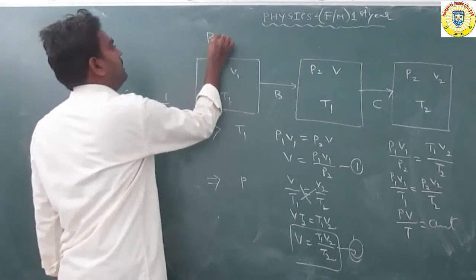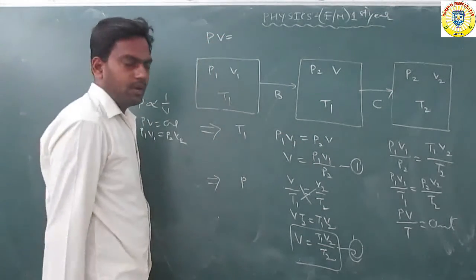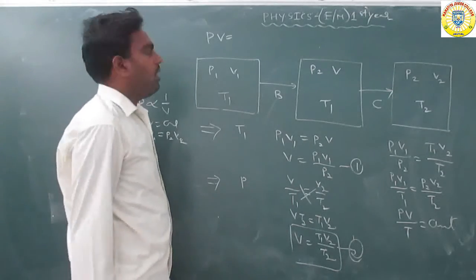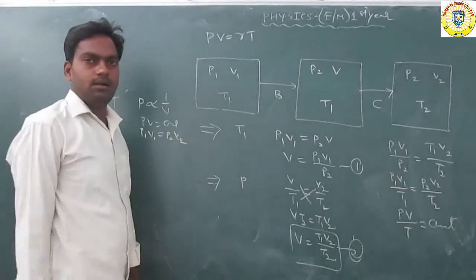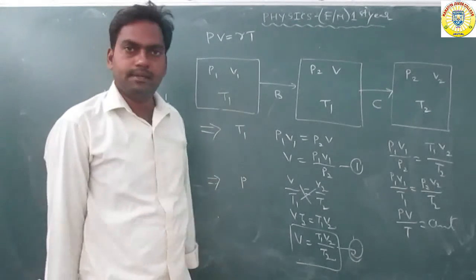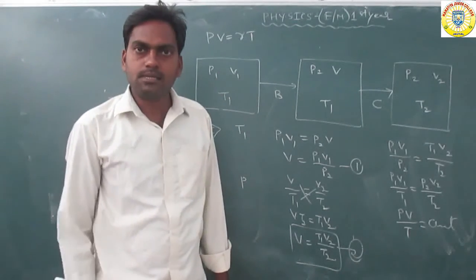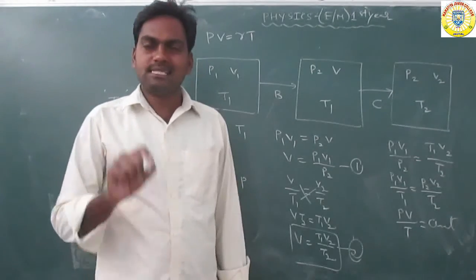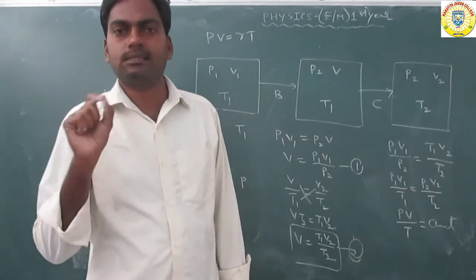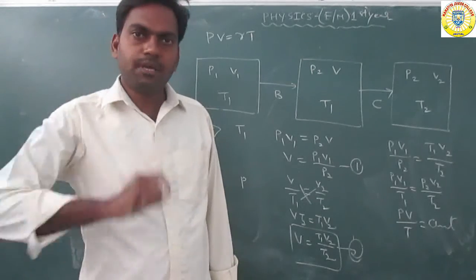So PV is equal to RT, where R is called the specific gas constant. It changes from gas to gas.